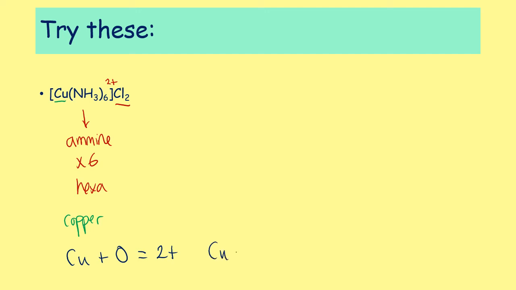So copper is 2 plus, and in Roman numerals that is II. So the next one is going to be hexaamine copper in brackets with a Roman numeral 2 chloride. Hexaamine copper 2 chloride.